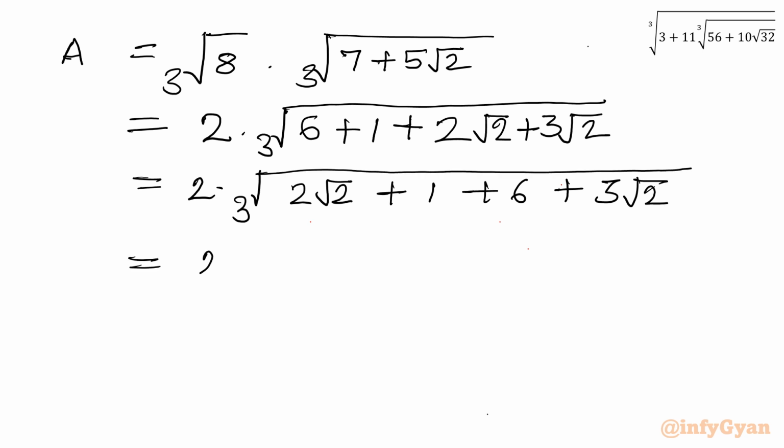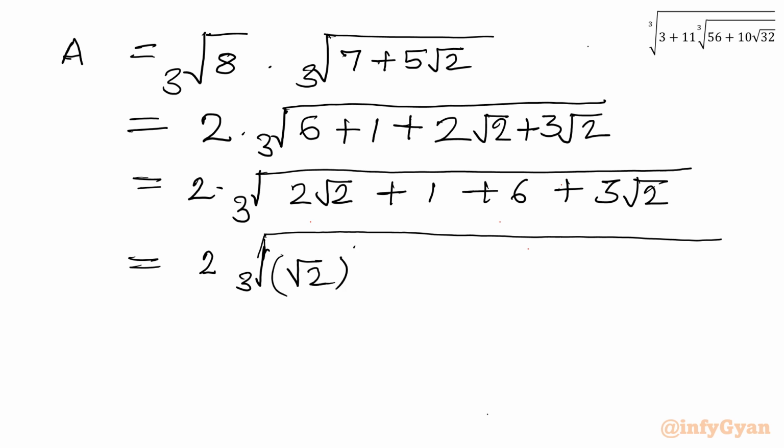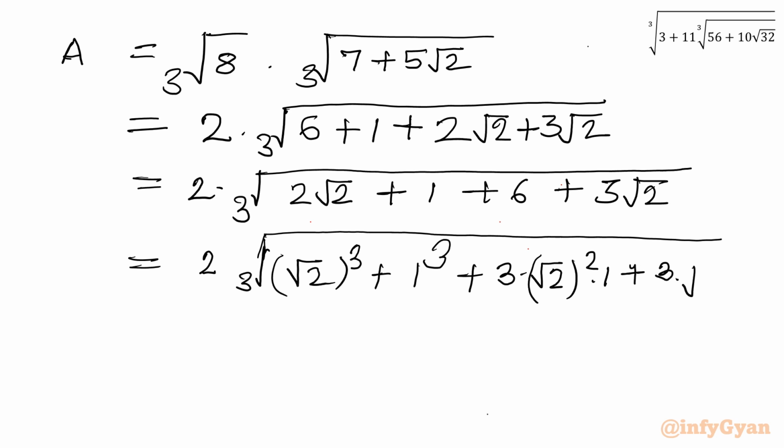Now it is equal to 2 times cube root. Now I will be writing 2 root 2 as root 2 whole cube. 1 we can write as 1 cube. 6 is 3a square b. So I will be writing root 2 square times 1, and this 3 root 2 we can write as 3ab square.